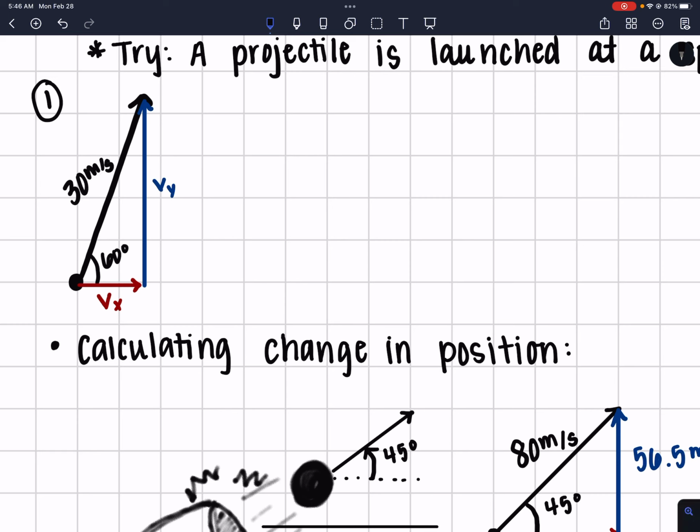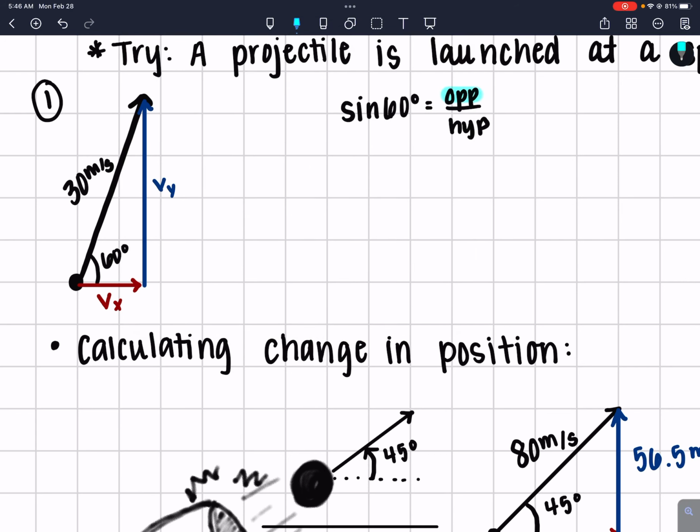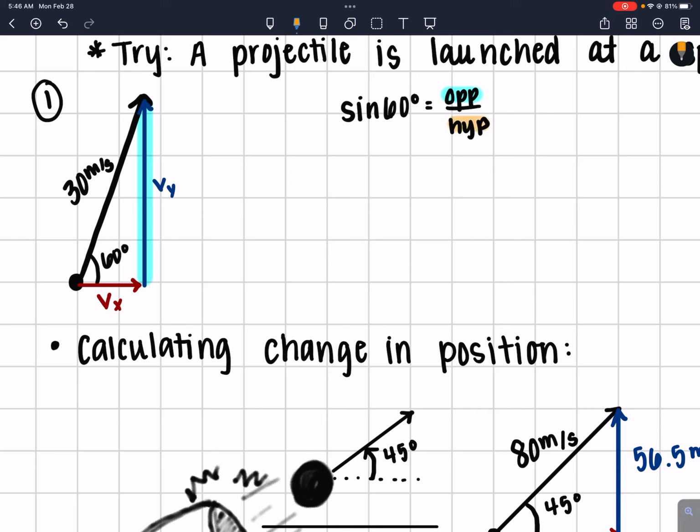Perfect. So I know that the sine of 60 degrees is going to equal my opposite side over my hypotenuse. And I know that my opposite side is my vertical speed, and I know that my hypotenuse is 30 meters per second. So I'm going to start plugging and chugging into that. So sine of 60 degrees equals Vy over 30.